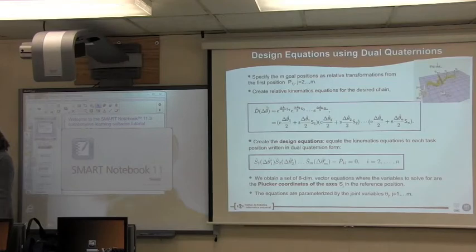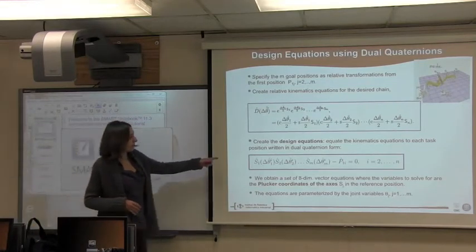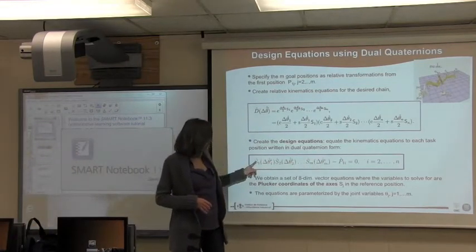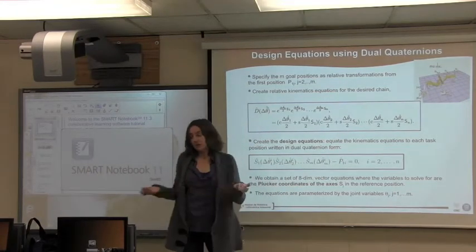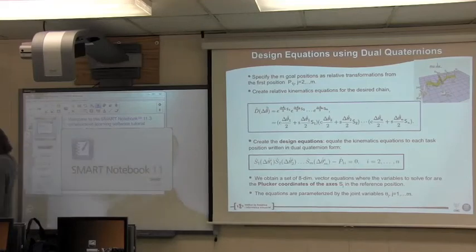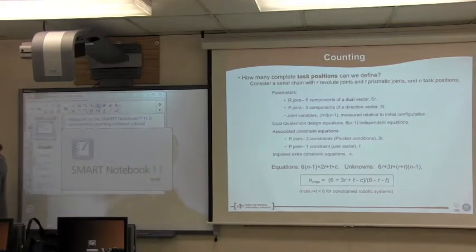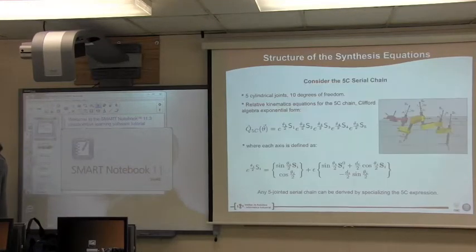So here we have our kinematics equations. Here what we do is this is our kinematics equations for M joints, and we equate that to the positions we want to reach. And that's how we create the equations. This is the counting that we did the other day.